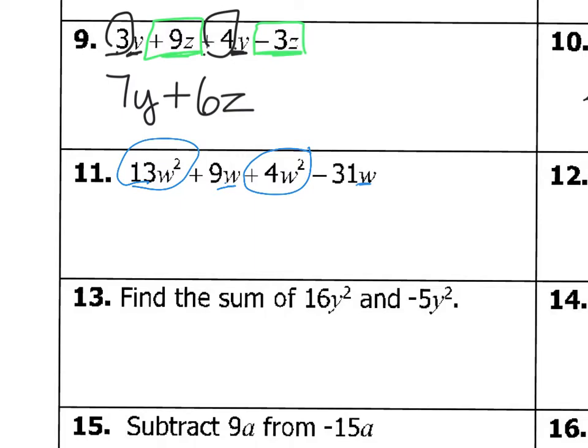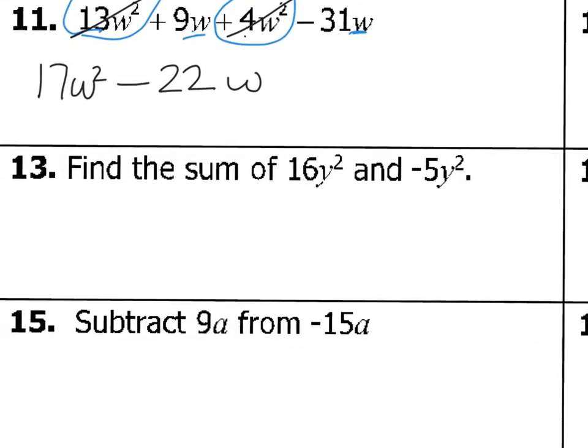And in this case, you're going to put your highest exponent first. 13 plus 4 is 17w squared. So those are gone. And then I have just w's. So 9 plus -31 is going to be negative 22. Yeah, 22w.